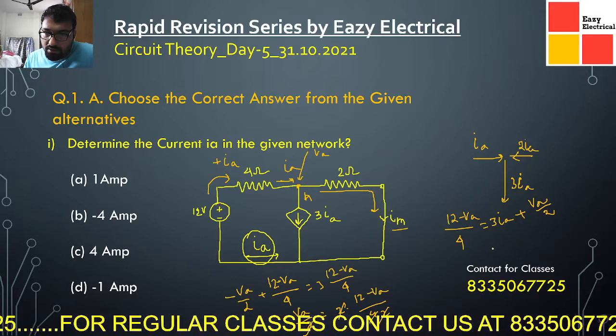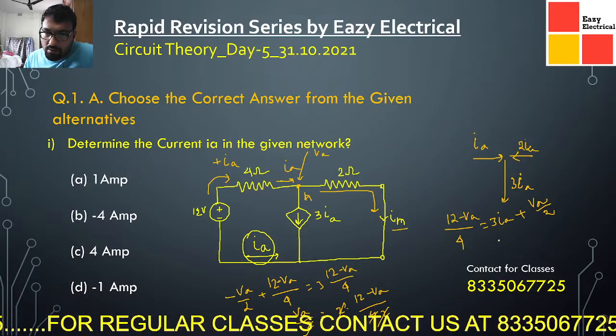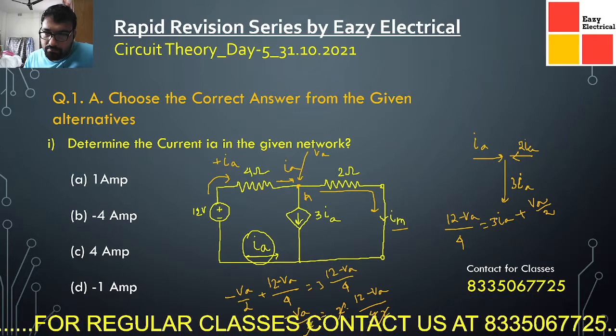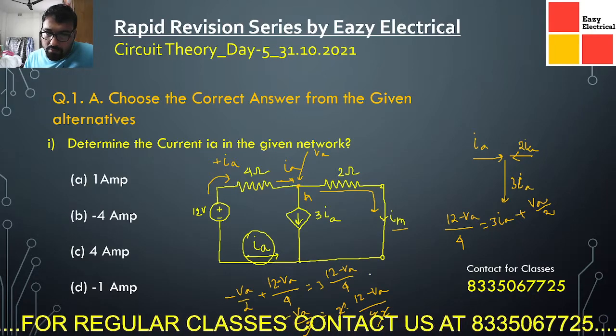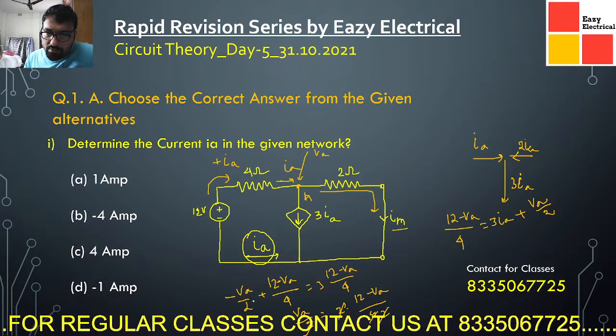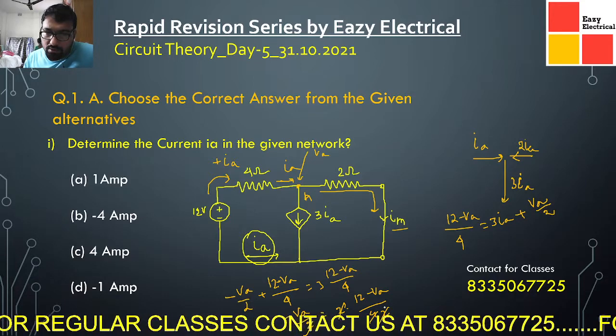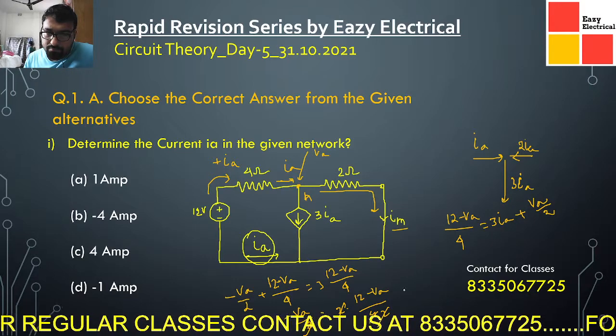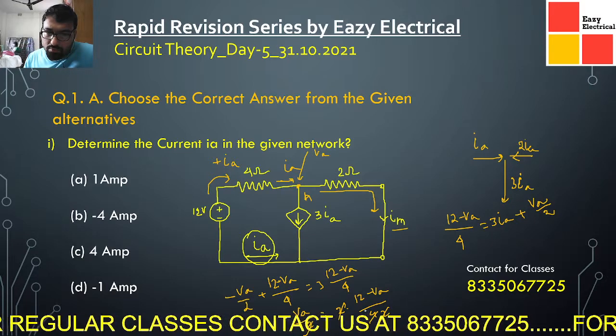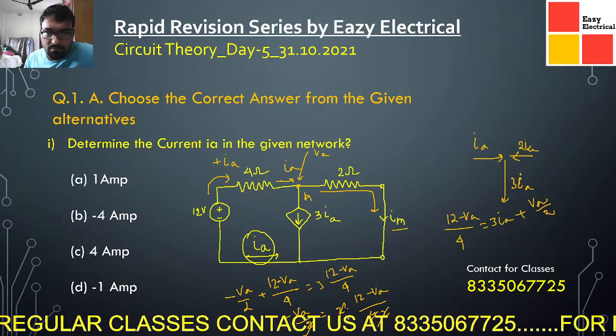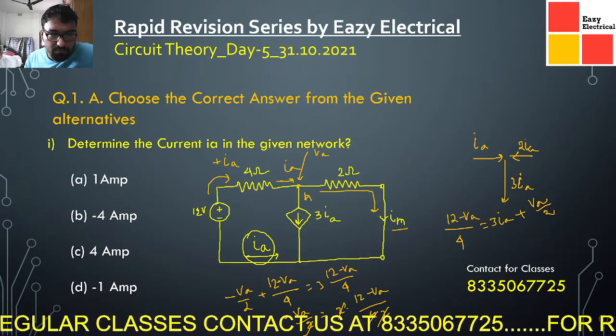If you calculate here, this direction will take VA by 2 minus VA by 2, and in the other part 2VA by 2. This is getting cancelled out. Some mistakes I am making, sorry for that.